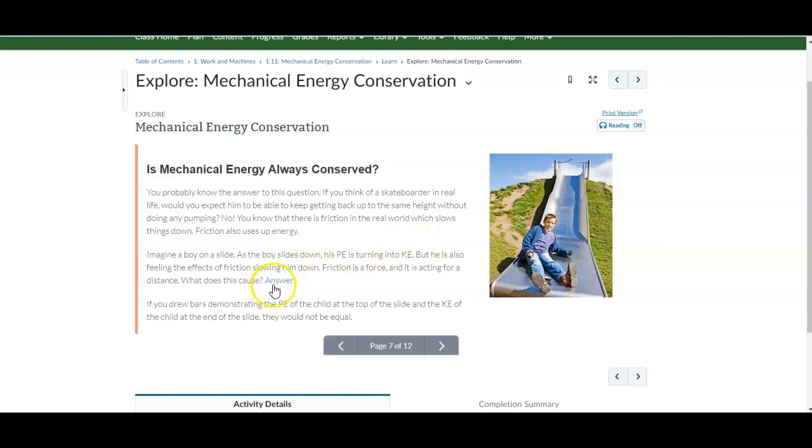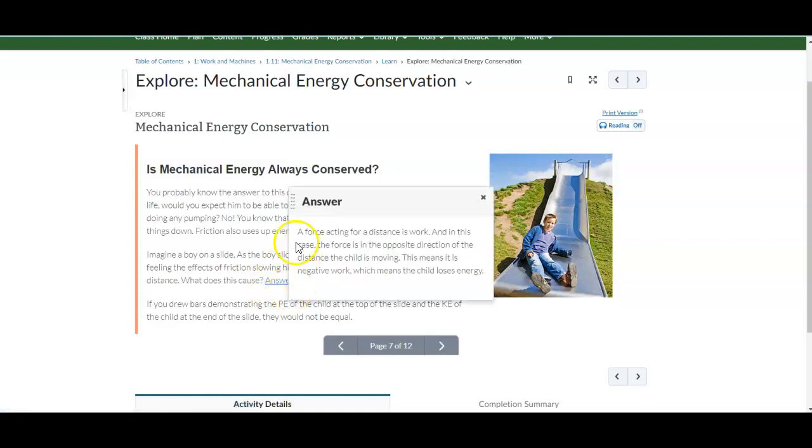Friction, we know, is a force, and it's acting for a distance. So what does this cause? A force that's acting for a distance causes work. And in this case, the force is in the opposite direction of the distance the child is moving. So this means that it's negative work, which means the child is losing energy. So the friction is basically going up while he's going down.